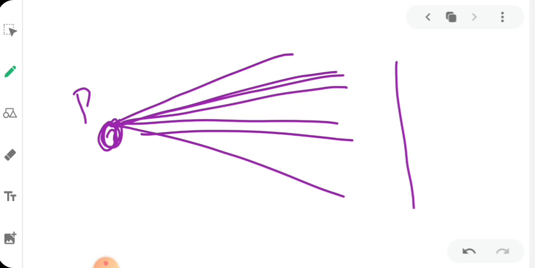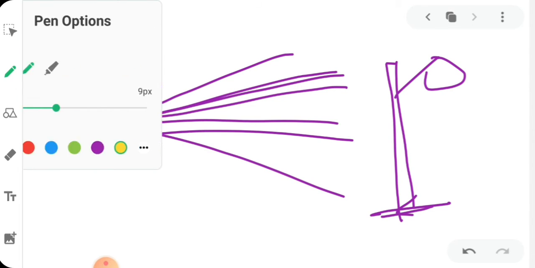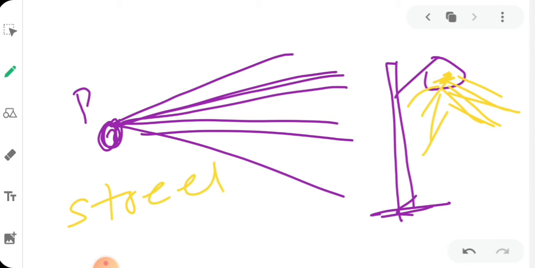On our streets, suppose this is a pole and here is a lamp post, on that lamp post we may have observed that the rays are split all over. So street lights are an example of a diverging beam.